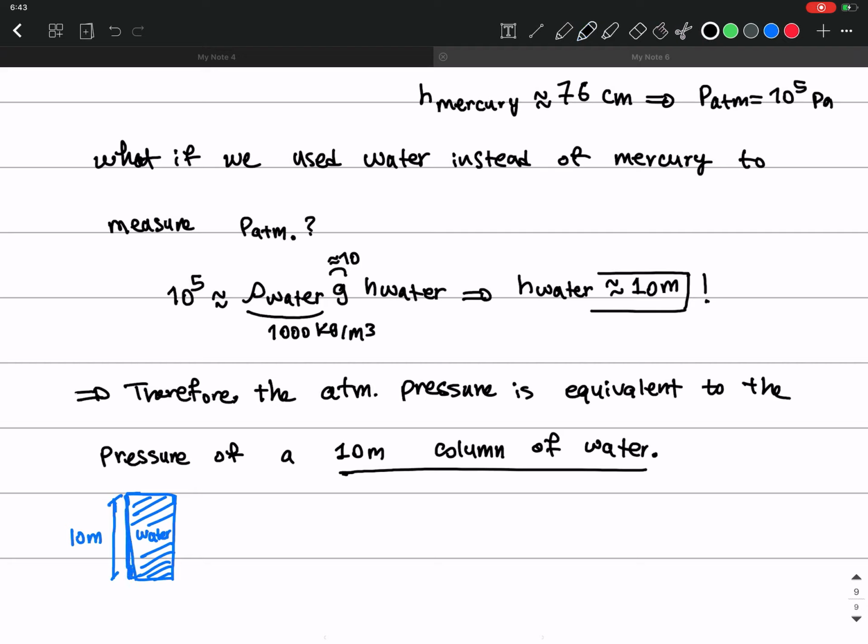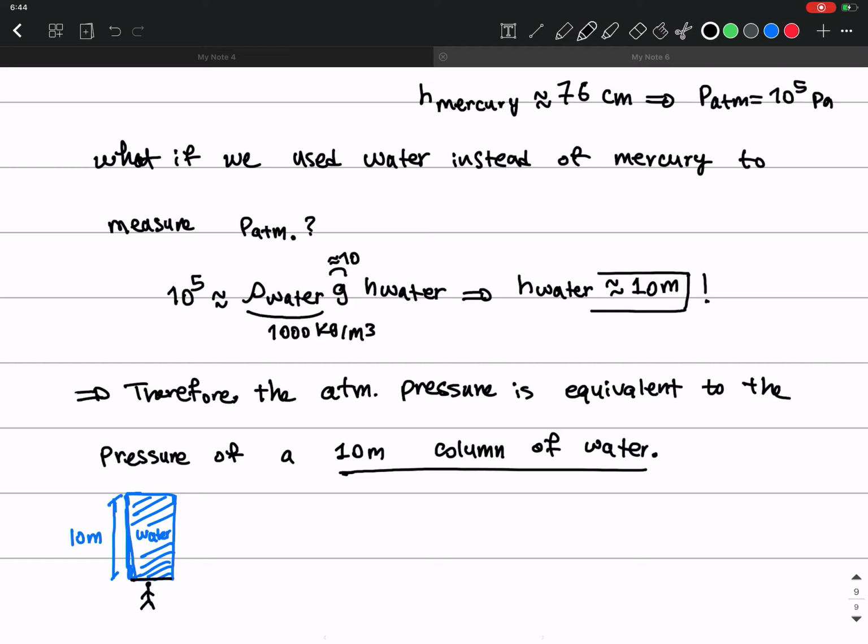So the pressure that you feel at the bottom of that 10 meter column of water, if you are here, is equivalent to the pressure of the free atmosphere, the whole atmosphere.